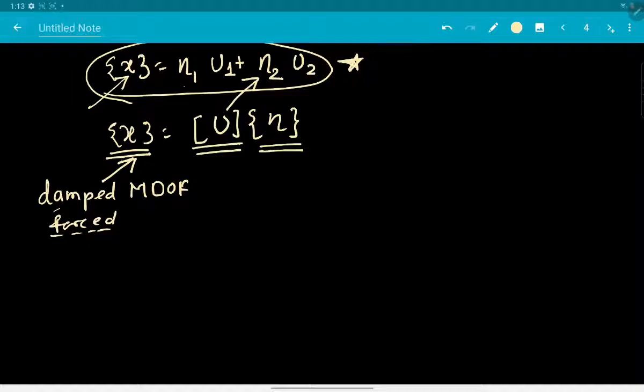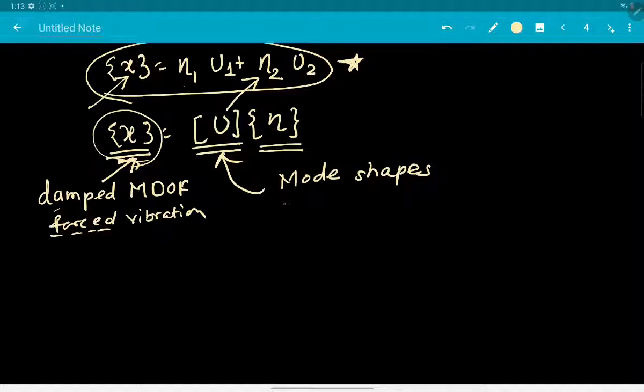It is the displacement solution for that kind of condition, and this is the forced vibration response of the damped MDOF system. And these u's that you are writing over here, which you are superposing to find this x, those u's are mode shapes or eigenvectors of the corresponding undamped MDOF system. Same MDOF system, by putting C off, you have to find what is going to be this U matrix.